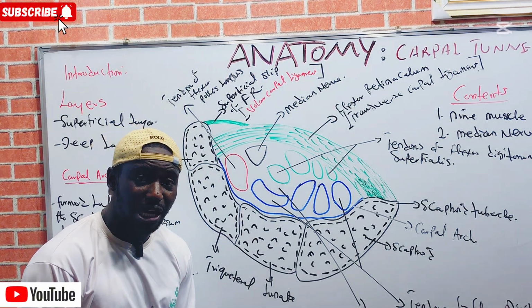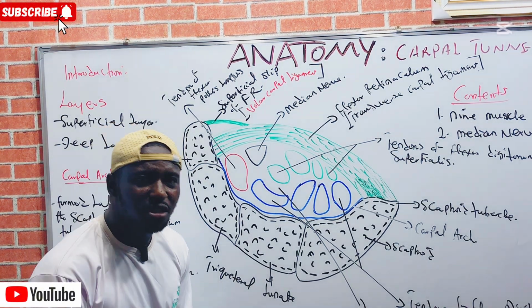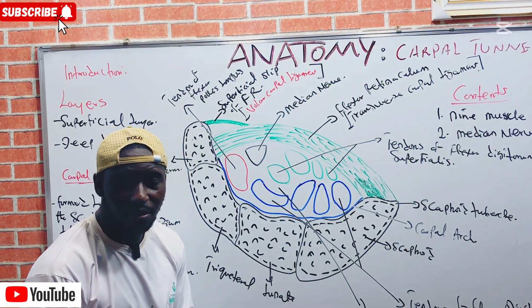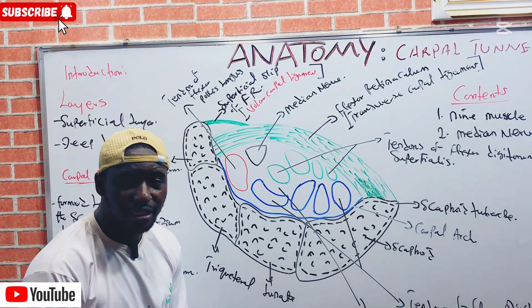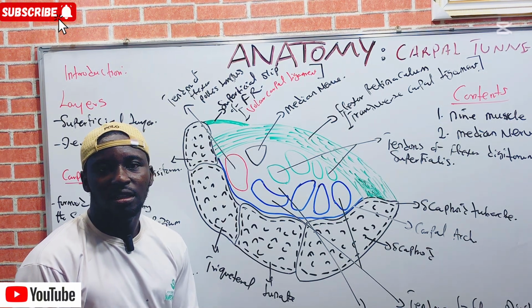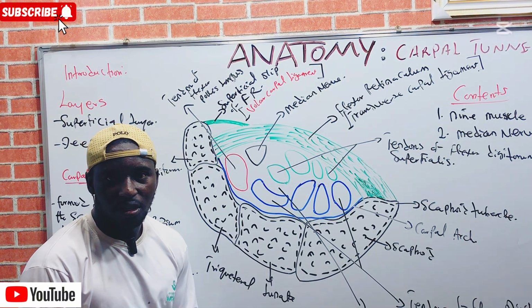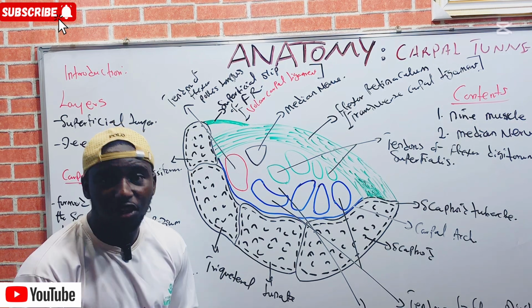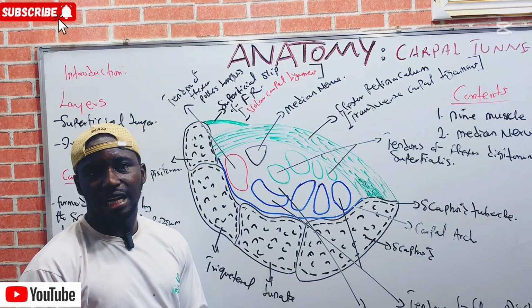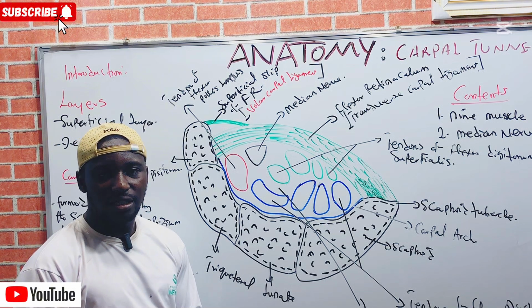While the palmar digital branch gives cutaneous innervation to the palmar skin, the dorsal nail bed, and the lateral 3.5 digits. It also gives a motor innervation to the lateral 2 lumbricals.